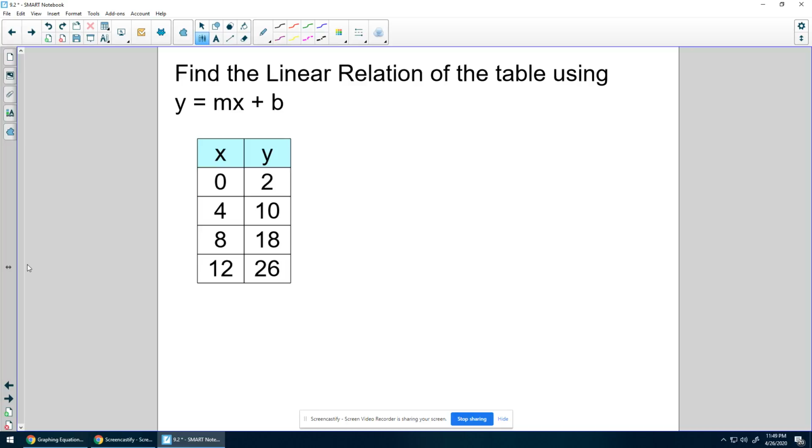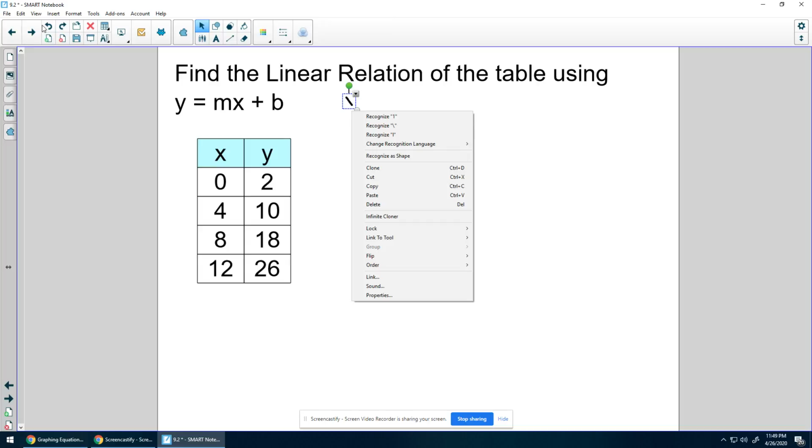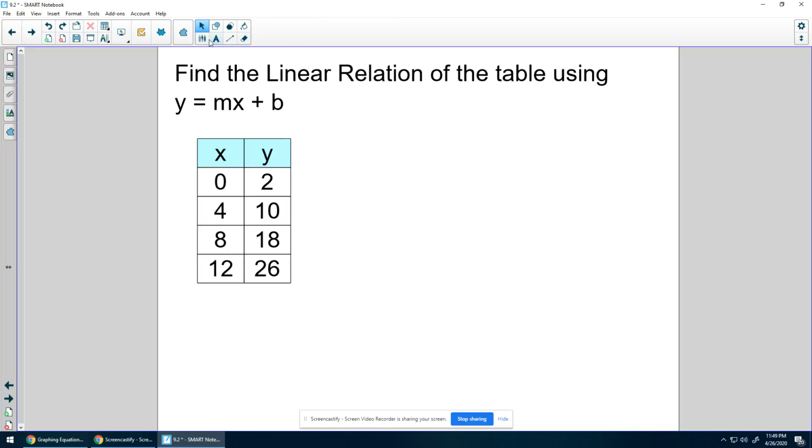All right, so again, we got y is equal to the change in y over the change in x times x plus our y-intercept.